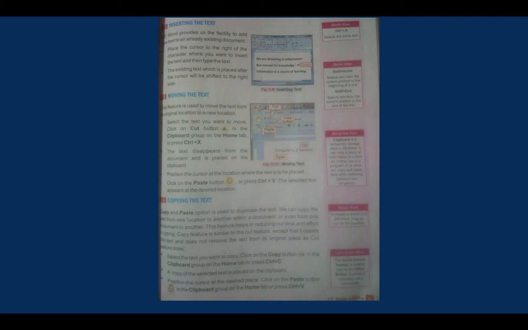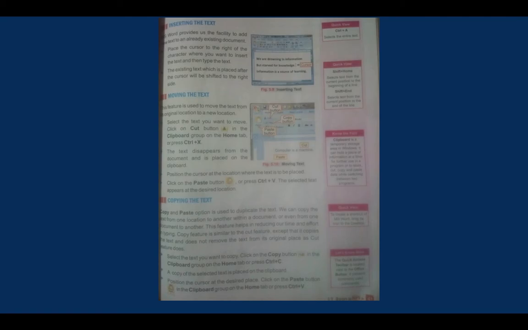As we have learned how to select a word, you just double click on that word, knowledge. Then press Ctrl X, that is cut, and then you can click near the word learning and press Ctrl V to paste it, learning knowledge, like you can do like that. So that is our cut and paste.